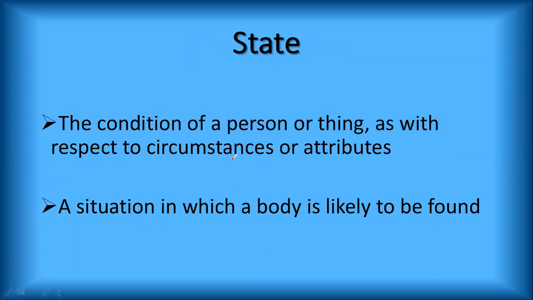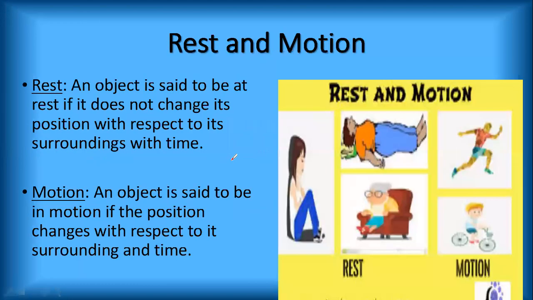Might be someone is changing its surrounding, and somebody does not change its surrounding. So according to that, you decide the state. So a situation in which a body is likely to be found is called state.